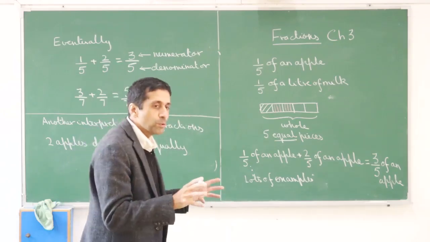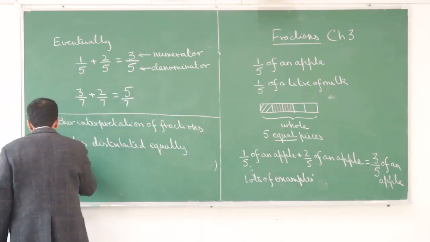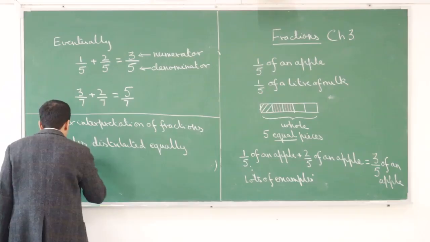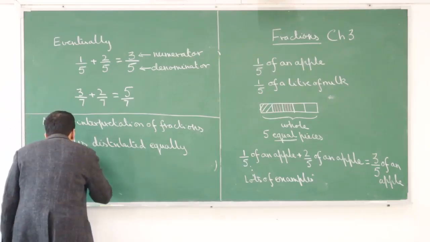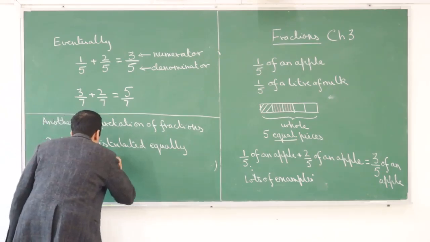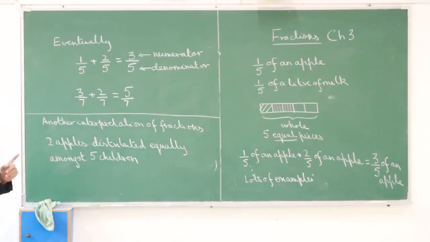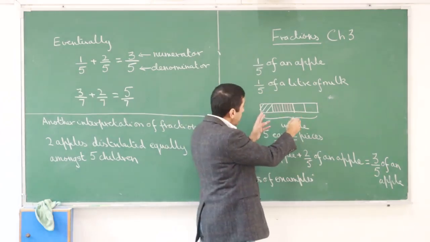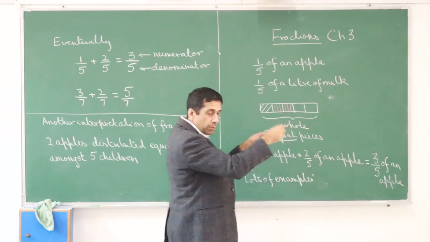So, 2 apples distributed equally amongst 5 children. That's not the same as what we talked about before. There we had some whole, broke it up into 5 equal pieces, and took 2 of them.